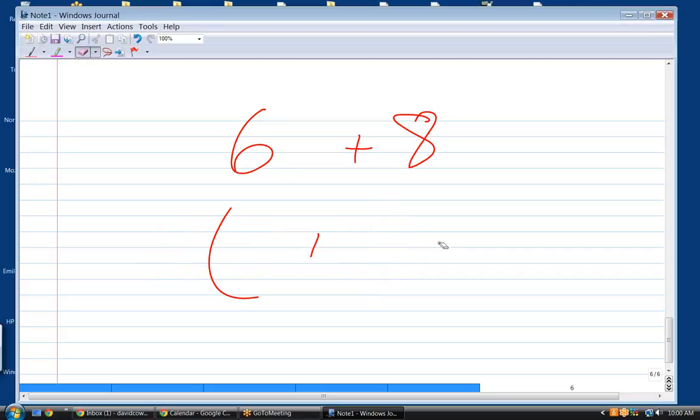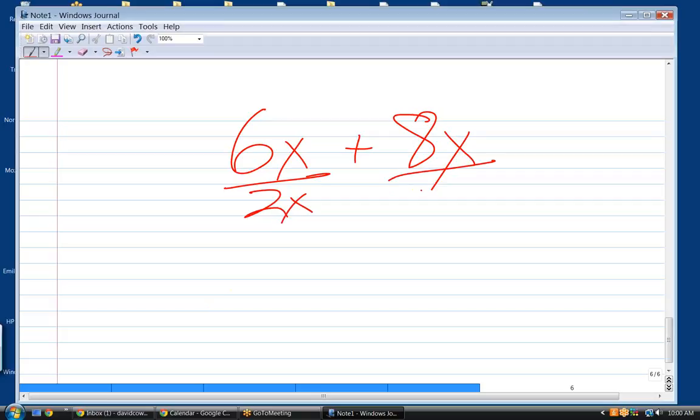Now let's go back. Add that variable. Now what's the greatest common factor? 2x. In other words, if I divide that by 2x, I get 3. If I divide that by 2x, I get 4.